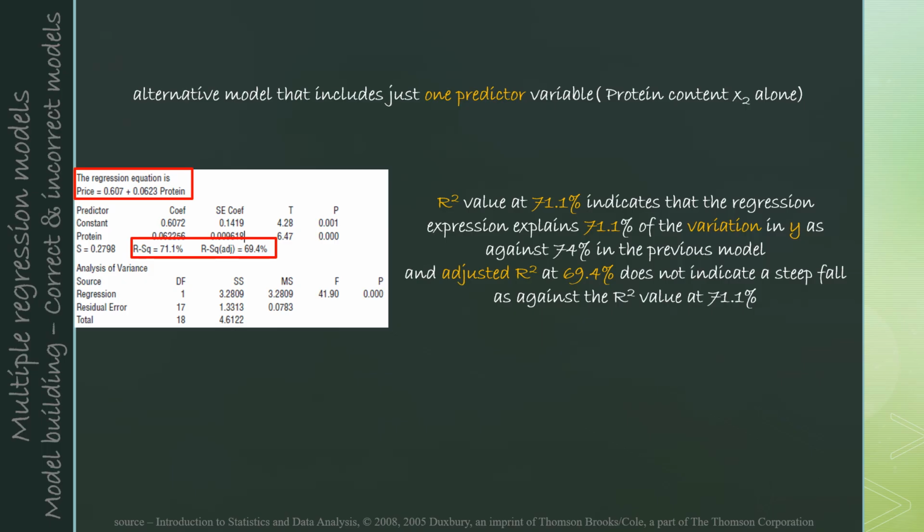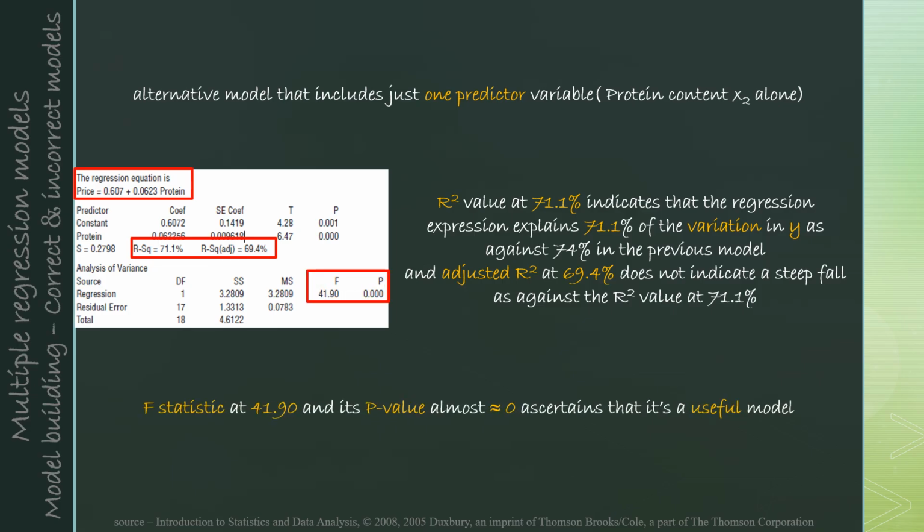And adjusted R square at 69.4% does not indicate a steep fall as against the R square value at 71.1%. Additionally, the F statistic at 41.9 and its p-value almost equal to 0 ascertains that this model is also useful.